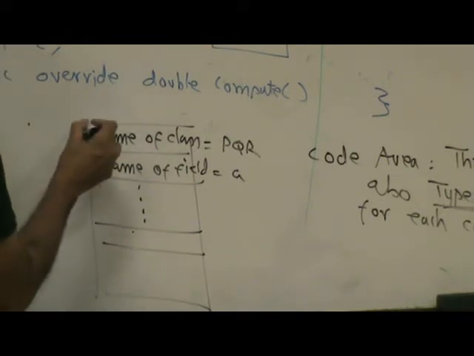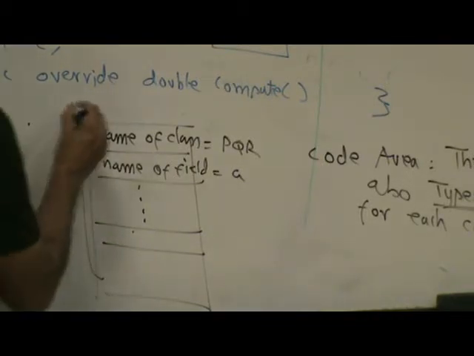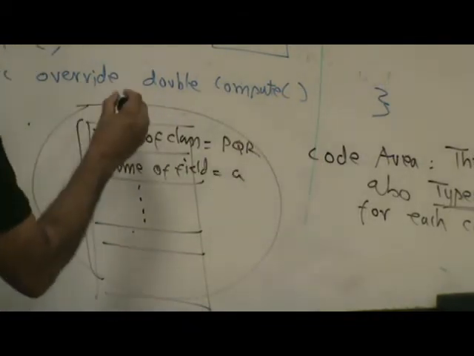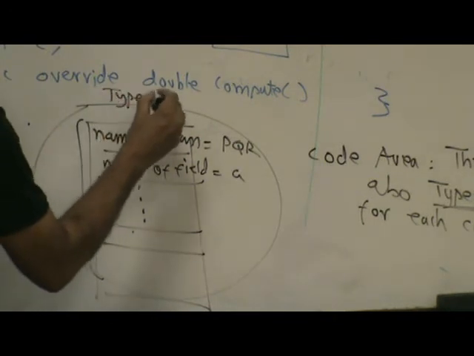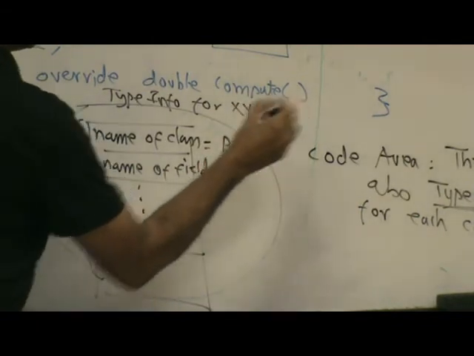So each and every detail about the class, how many variables it contains, what are their names, what are their data types, what are the methods, what parameters they take, what do they return, if we have any interfaces, what are those interfaces, what are their names. Every detail is maintained for one class, so this will be, for example, type info for PQR class.